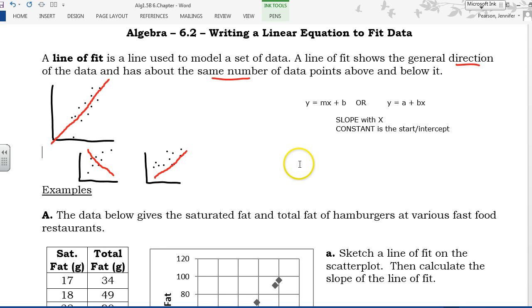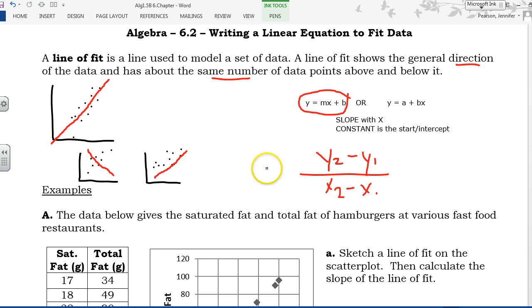Okay, so we need our slope formula from yesterday also. Maybe I'll just write that one. y2 minus y1 on the top, x2 minus x1 on the bottom. I'm going to stick with this format. So this is my slope, and then my intercept, or my starting value, I can find on my y-axis.